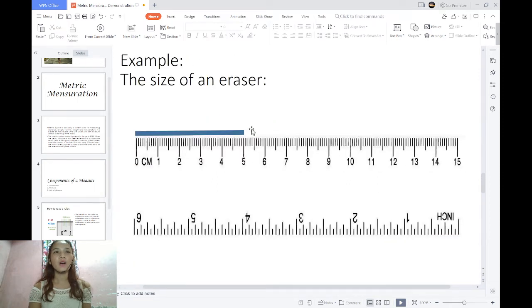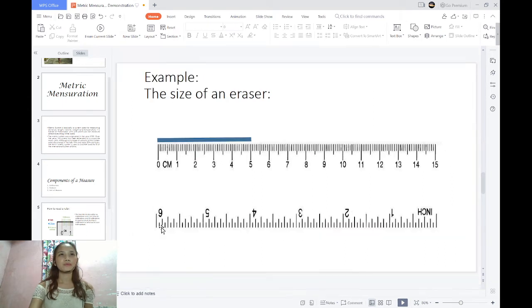Now, how can you identify the unit of measure? We can identify the unit of measure by determining the size of the object that you have measured. For example, the size of an eraser. What is the size of an eraser?